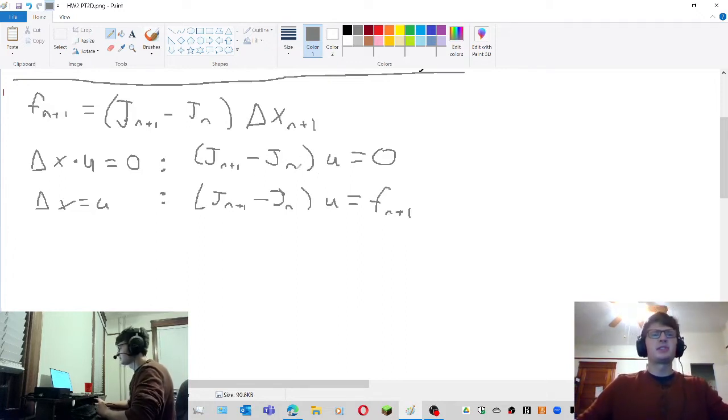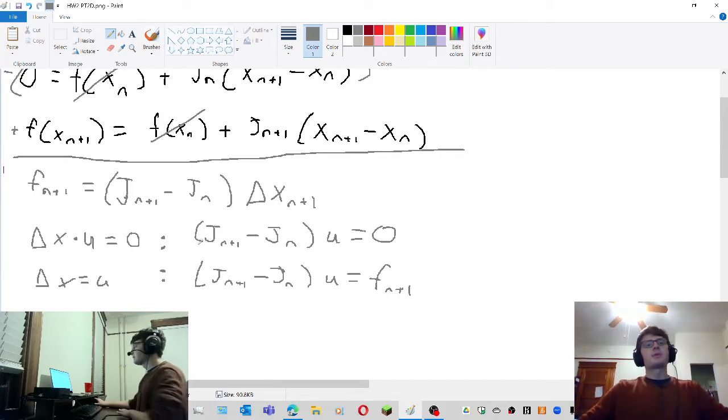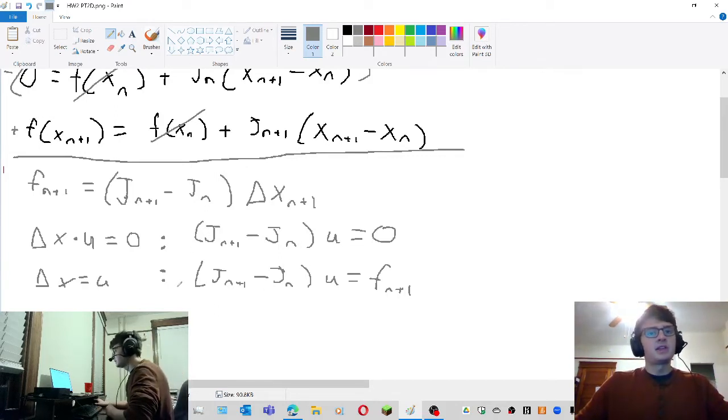So we've gone ahead and started to build this function around u, plugging in different values of delta x will give me differing results for what the Jacobians multiplied by this value of u are. And so Broyden came up with a really ingenious way to represent this fact.